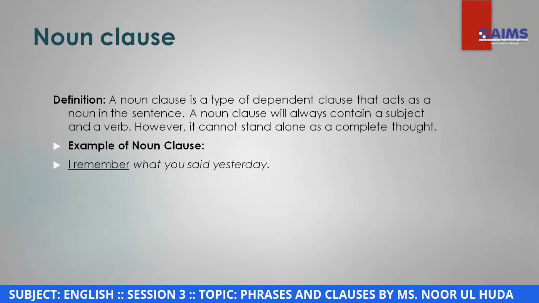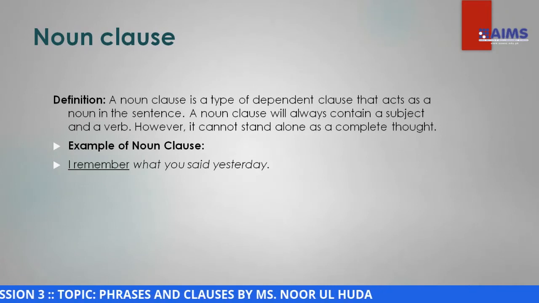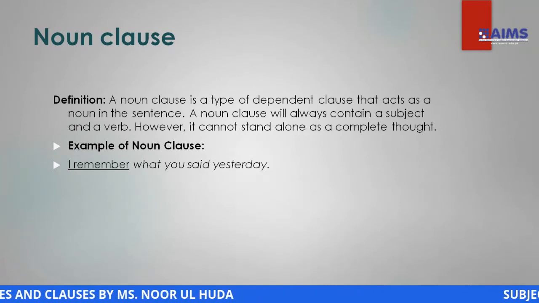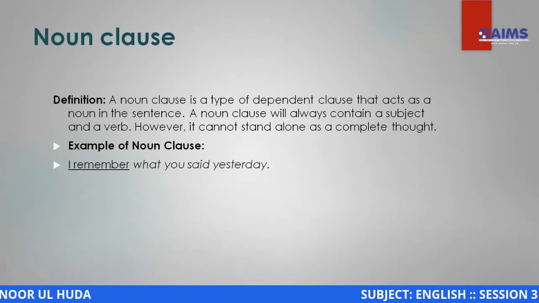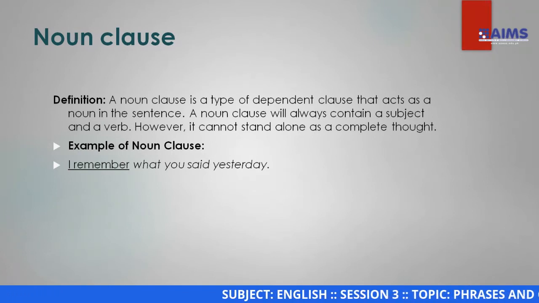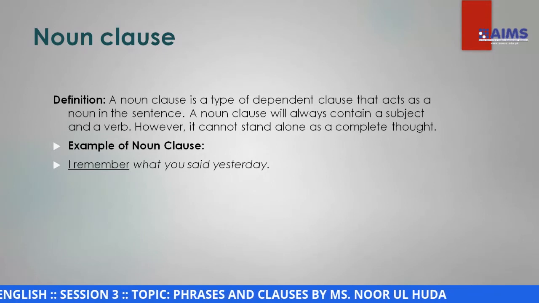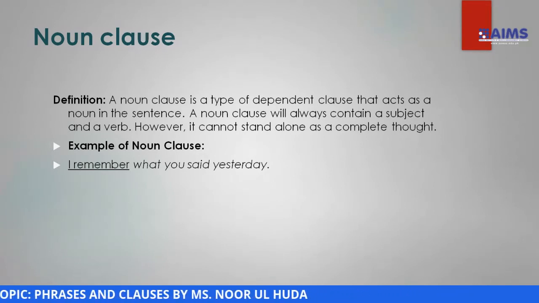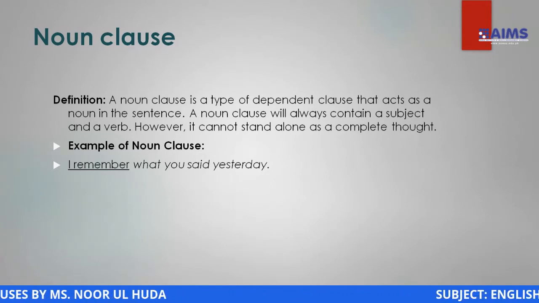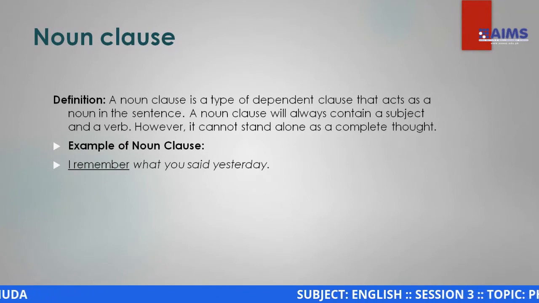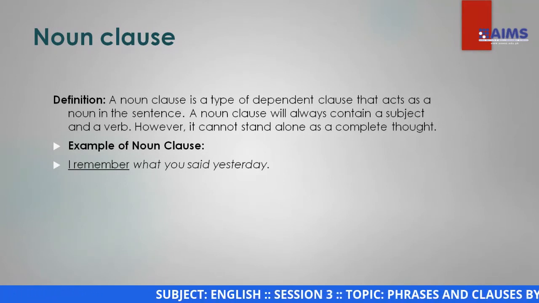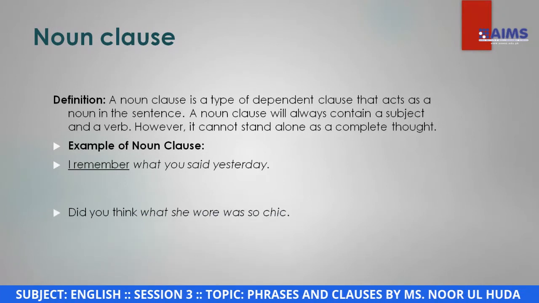"I remember" is a complete sentence, but what I remember is a noun. If I say "I remember a letter," and now I have changed the word "letter" to "what you said yesterday," what you said yesterday occupies the place of a noun. That is why I am calling it a noun clause.